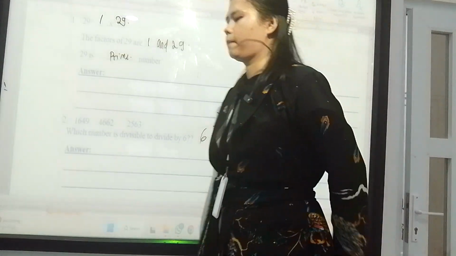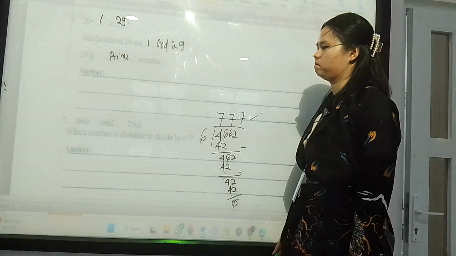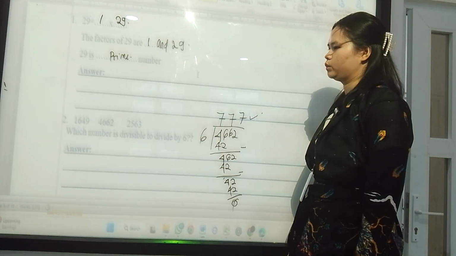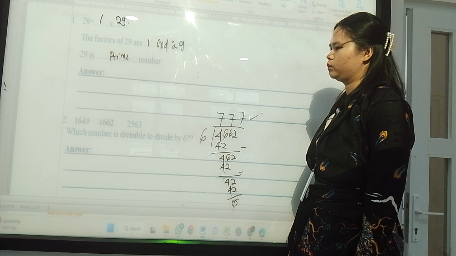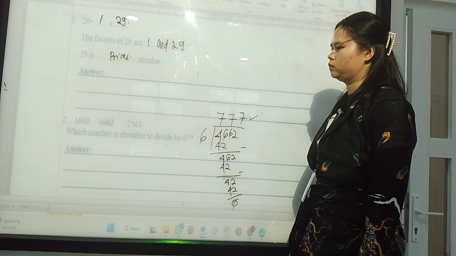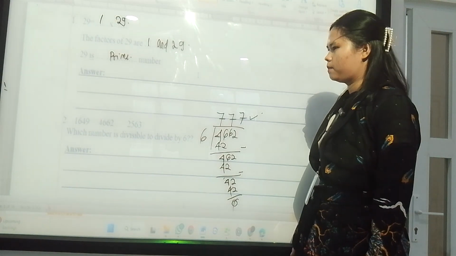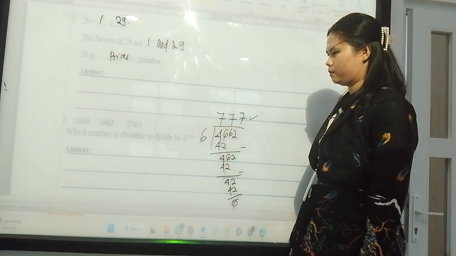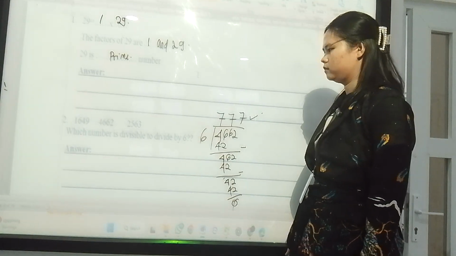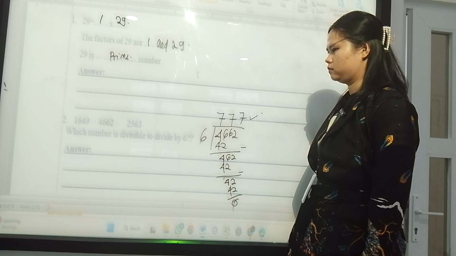Okay, so here you just explain by using the manual way. Yes. But do you know that actually there is an easier way to find that the number is divisible by 6 or not? If the number is divisible by 2 and divisible by 3, it means the number is divisible by 6 as well.